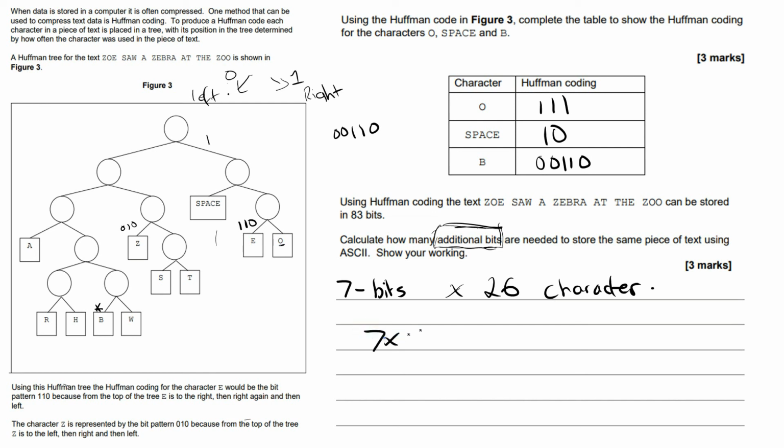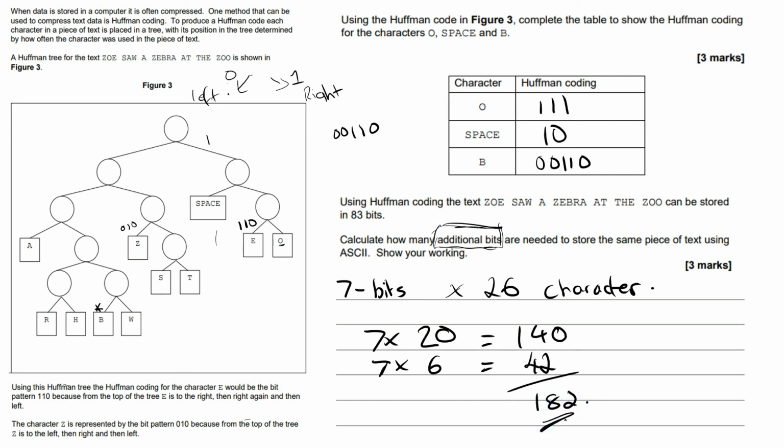So if I do 7 times 20, and then I do 7 times 6. So 7 times 20 is 140. 7 times 6 is 42. I got that right? 7 times 6 is 42? Yeah, okay.